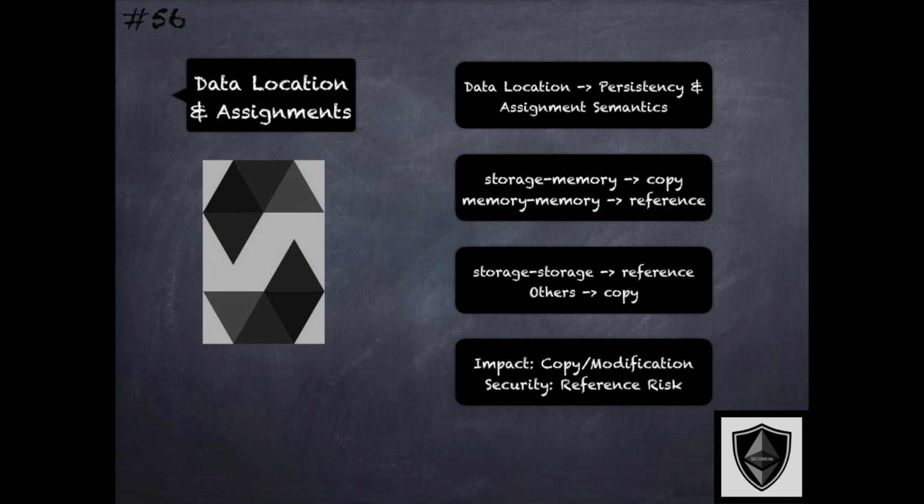But if a reference was created, in the case of memory assignments or storage assignments, then modifications to the new variable affect the original variable, because both of them are just different names pointing to the same underlying variable data. So this becomes important when you analyze programs and notice what the data locations are for those reference types, because there's a big difference if modifications are being made to the copy versus a reference.